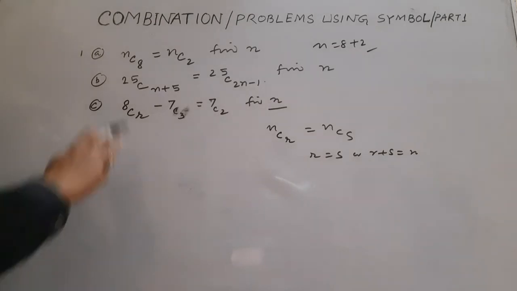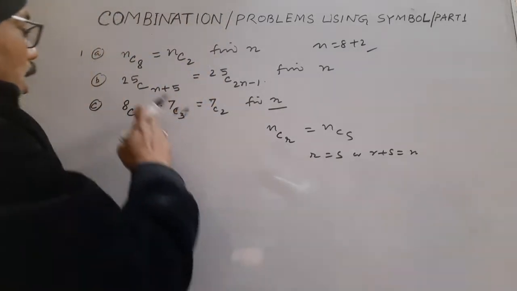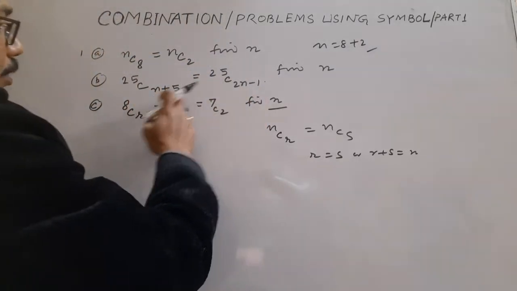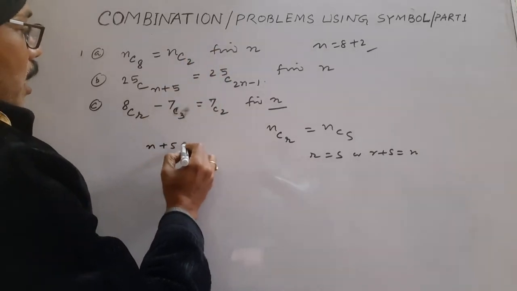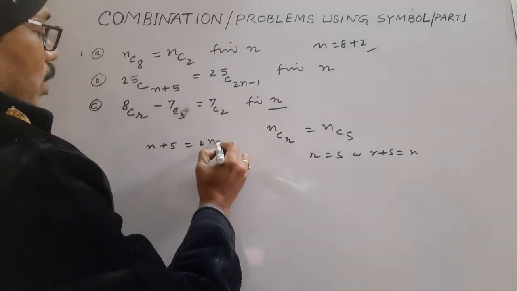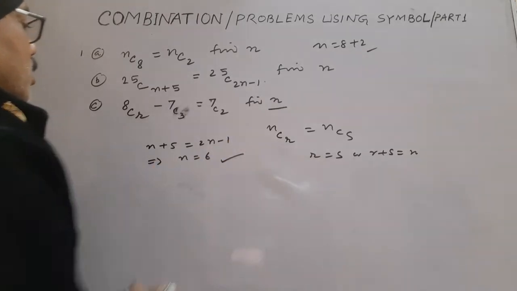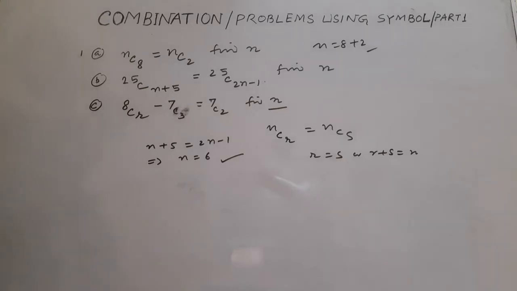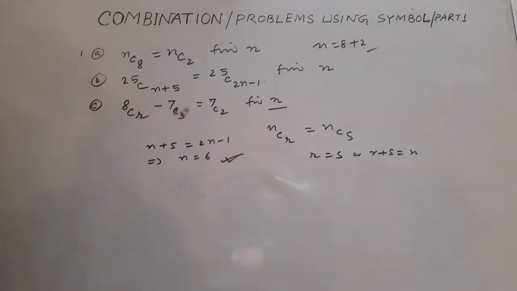Now, similarly, you solve the second one. nCr equals nCs. Upper suffix same, so lower suffix must be same: n plus 5 equals 2n minus 1. So what is n? n equals 6. n is positive, so this value is possible.